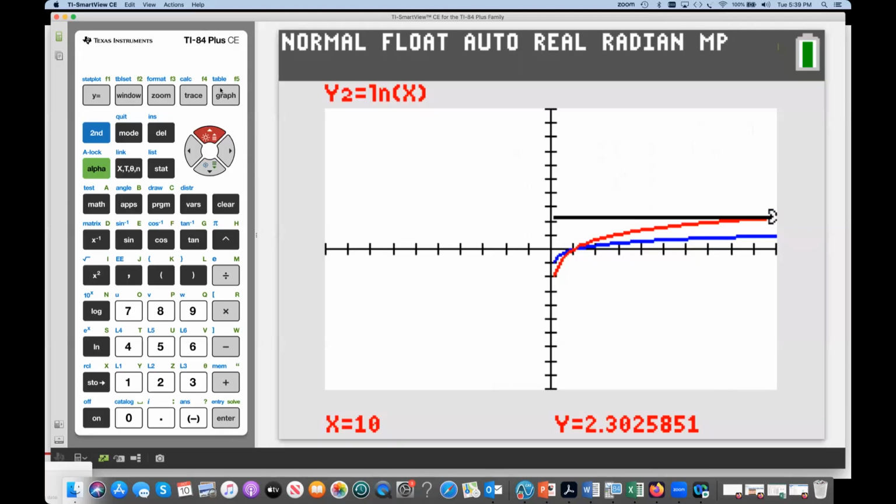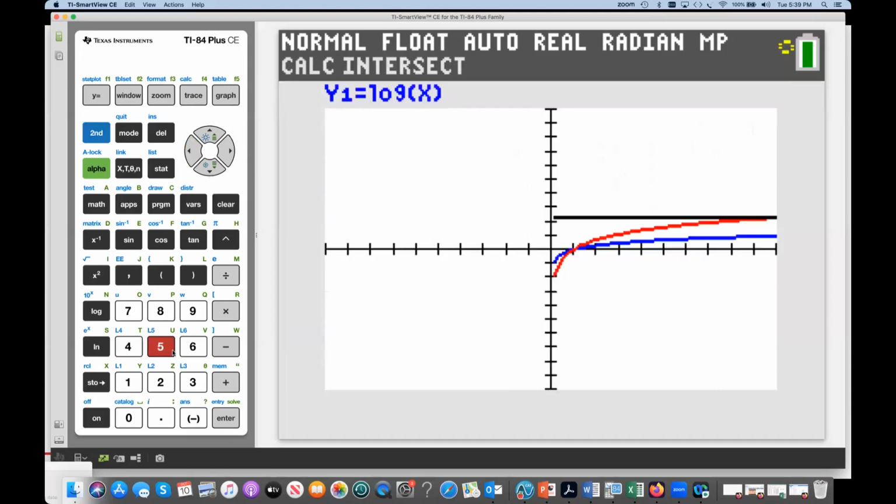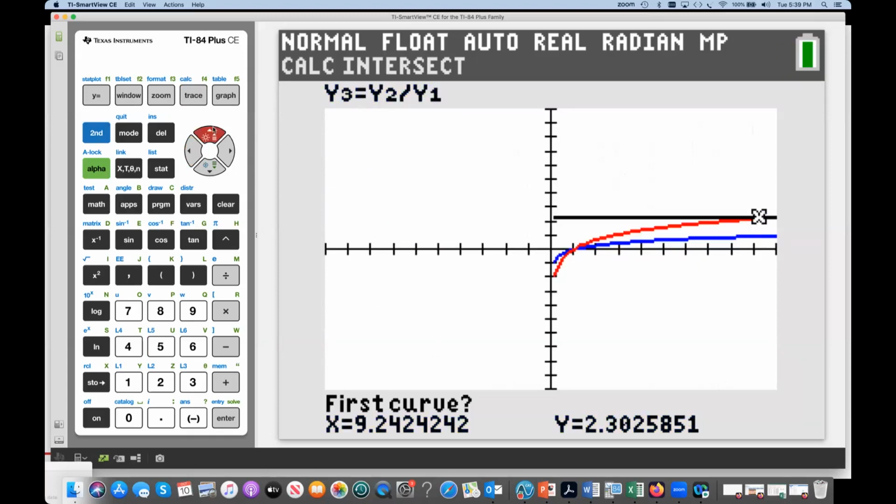Some folks said, could we use the intersect command to find that? Nice suggestion. So let's take a look at that. Let me move a little bit back. If I did a calculation, that's the shift of trace. I want to calculate an intersect. First curve, let's do the ratio curve.